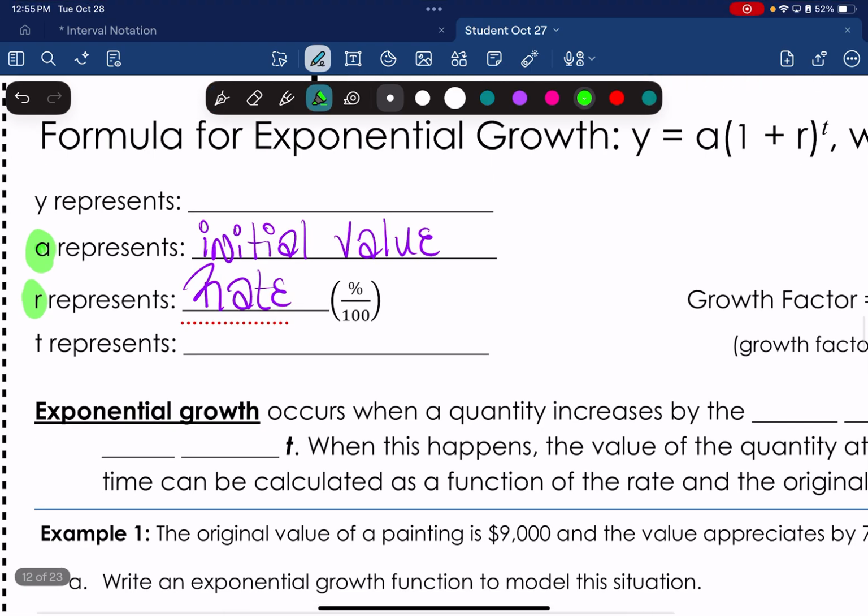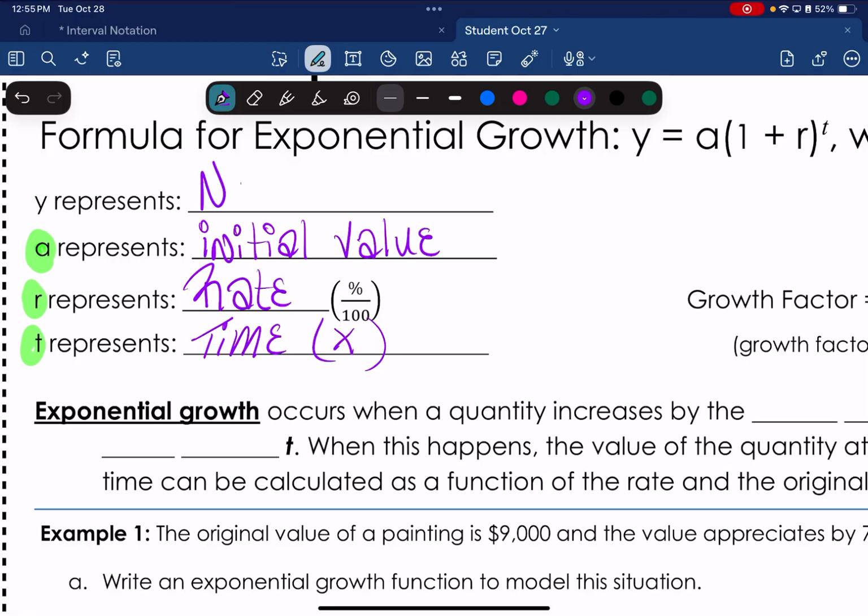T represents time. Your time will also be represented with X. So if it's talking about years or hours, most likely that is going to be your X value. Now, when we solve it, that's when we get our Y answer. Your Y is your new value or new amount after time has passed.